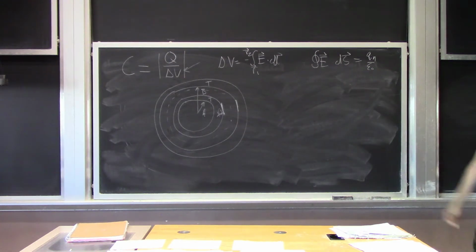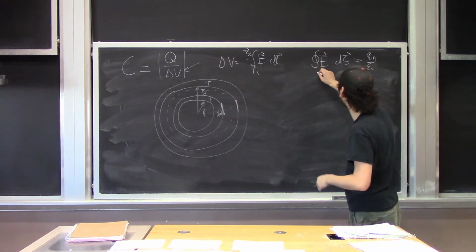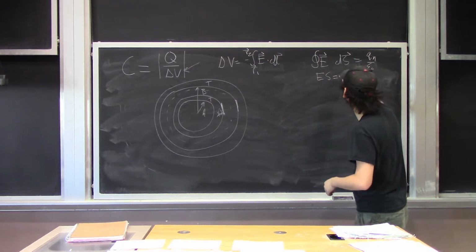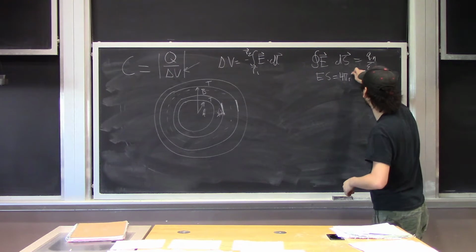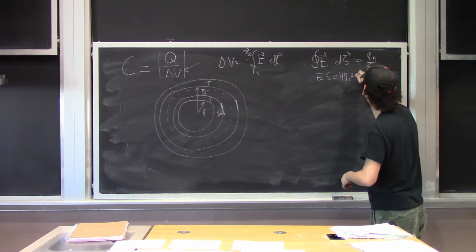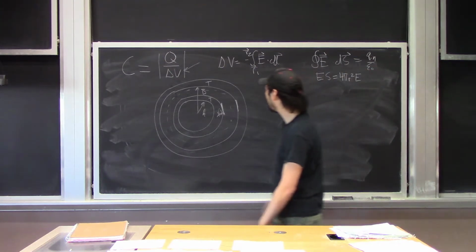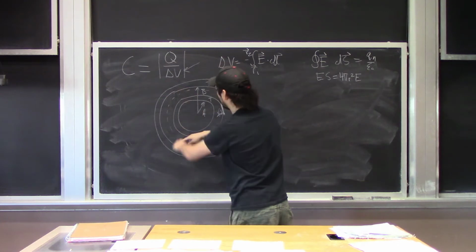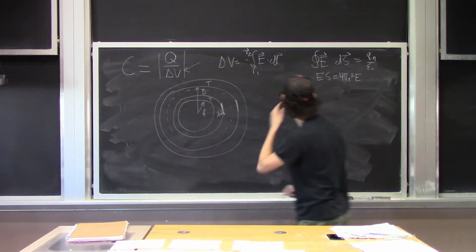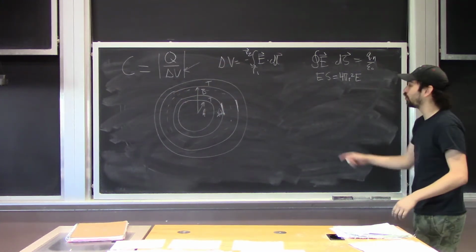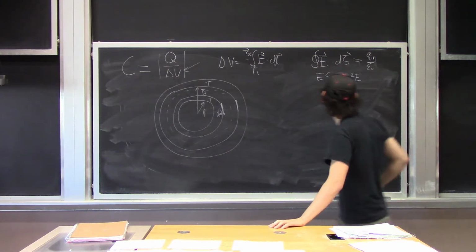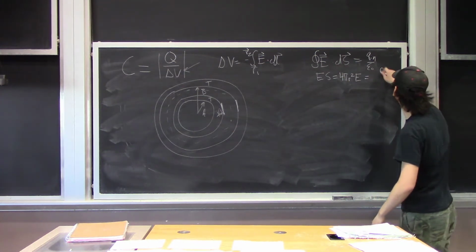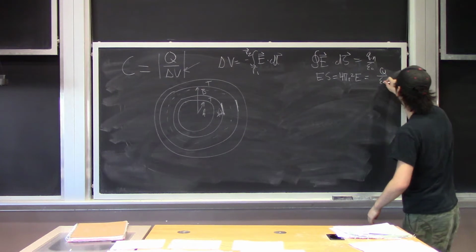As with all of the spherically symmetric Gauss's law cases, this left-hand side is just going to end up being E times S, which is 4 pi R squared times E. And then the charge inside this Gaussian surface that I drew in this region is just the charge capital Q. So this is going to be equal to capital Q divided by epsilon naught.